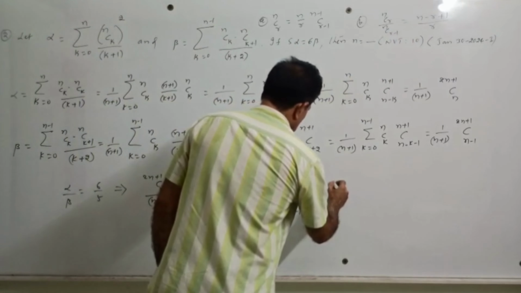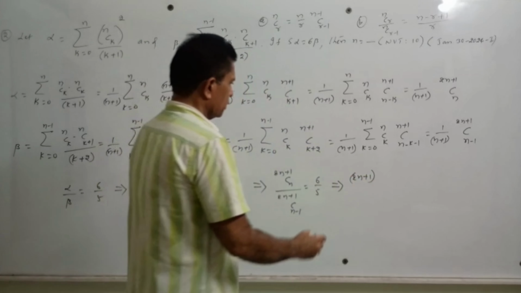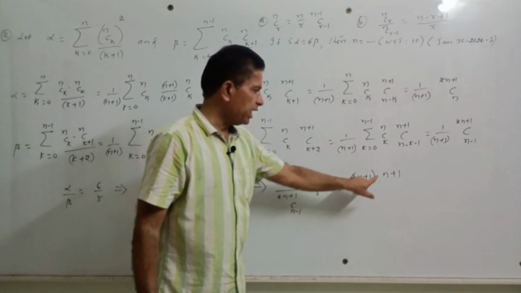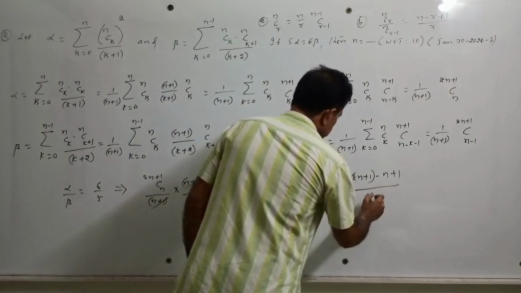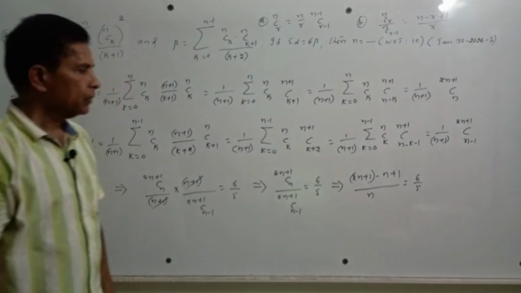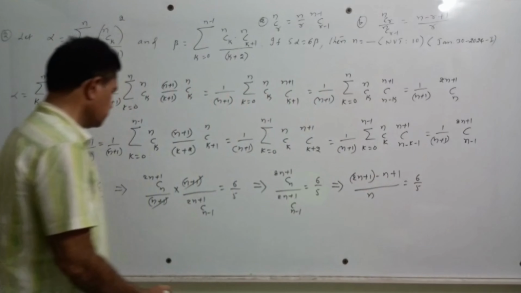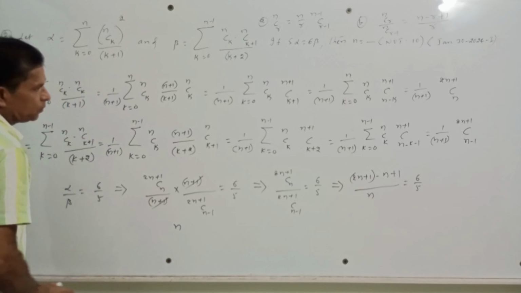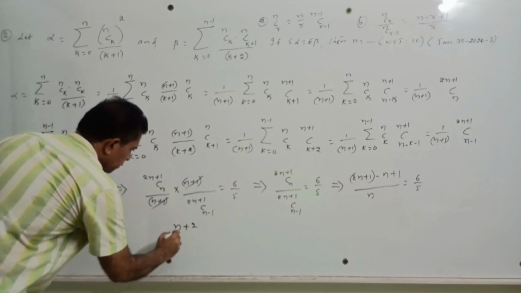So according to that formula, n means we have 2n plus 1, and r means we have n. This is (n minus r plus 1) by r. So this value is given as 6 by 5. In the numerator, 2n plus 1 minus n becomes n plus 1, plus 1 more, that becomes n plus 2, by n.